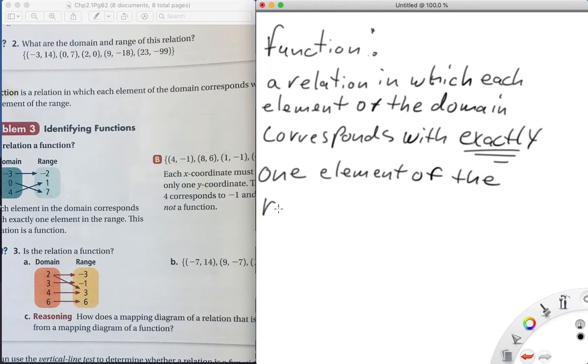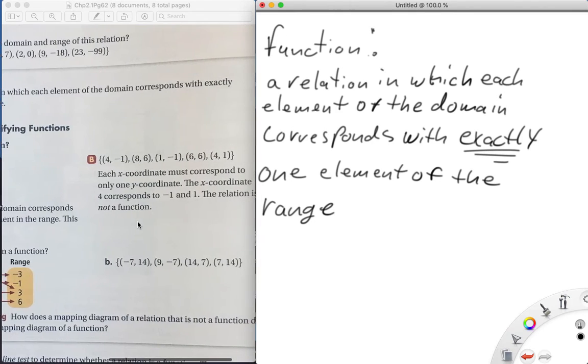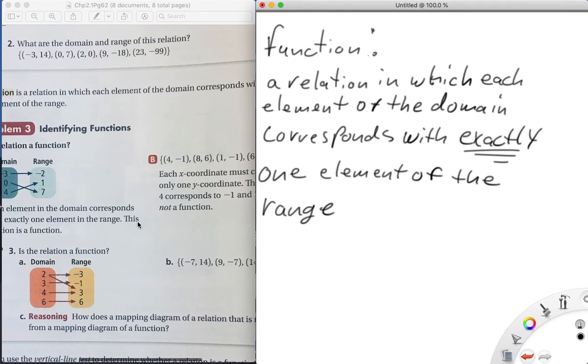So normally I don't write definitions word for word. So that tells you how important I think this definition is. A function is a relation in which each element of the domain corresponds with exactly one element of the range. What does that mean?